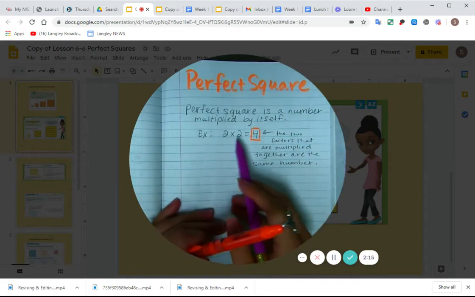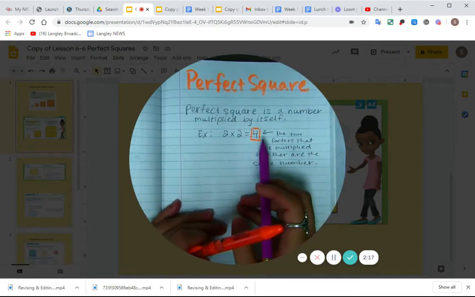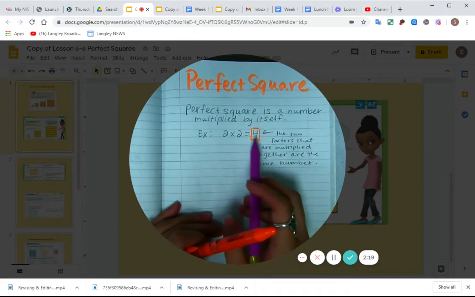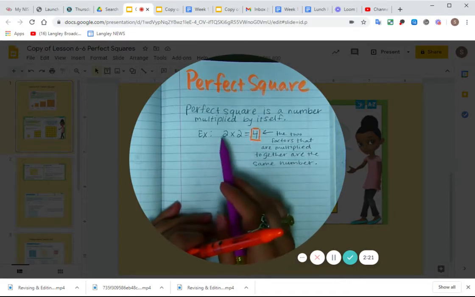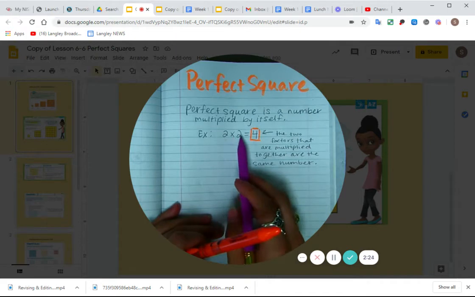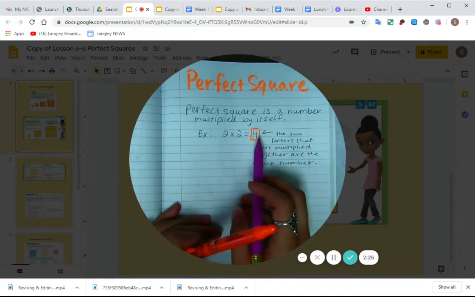Okay, so 2 times 2, and that gives us 4. That is an example of a perfect square. So the number 4 is a perfect square. 2 is multiplied times itself in order to get the perfect square number of 4.